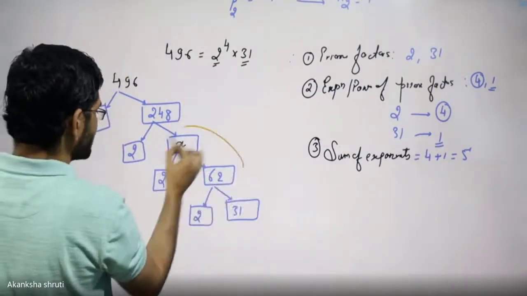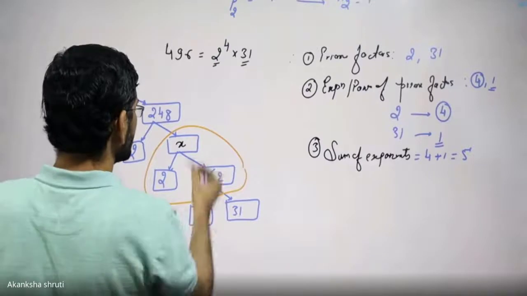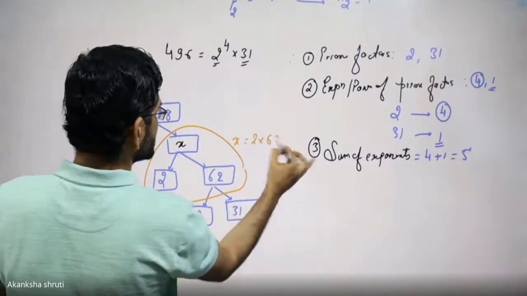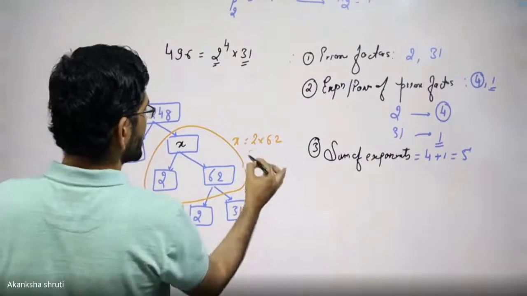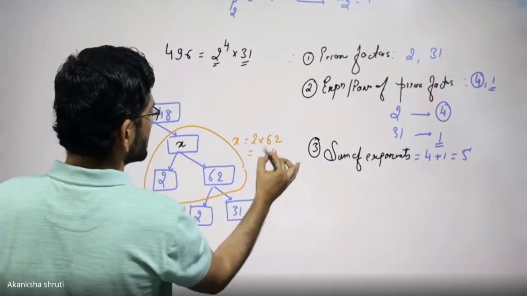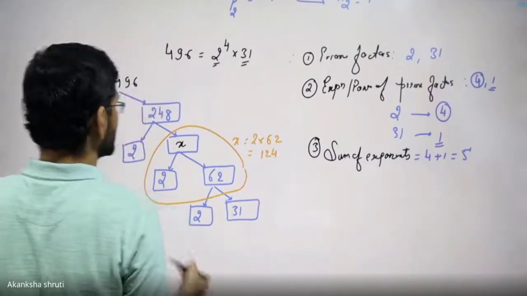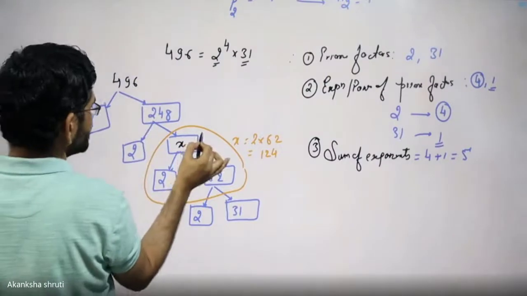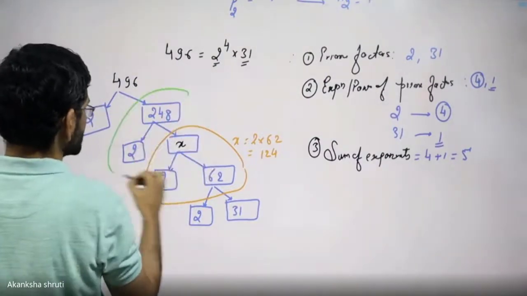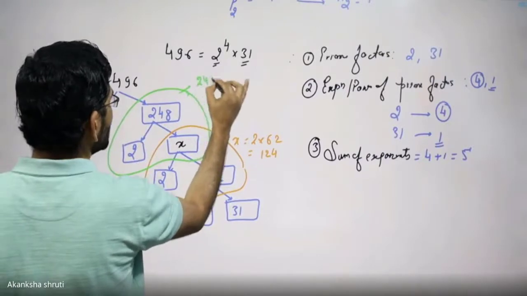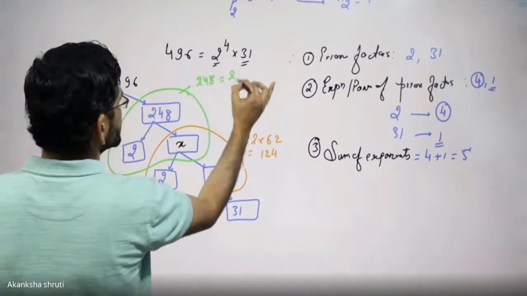Students, we can take it from here, where x is nothing but 2 into 62, which gives 124. There is another way of taking this also: even from the top we can take it. If we consider this, then 248 is equal to 2 into x.